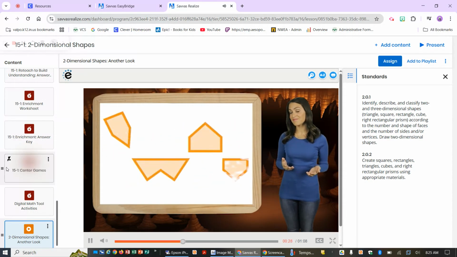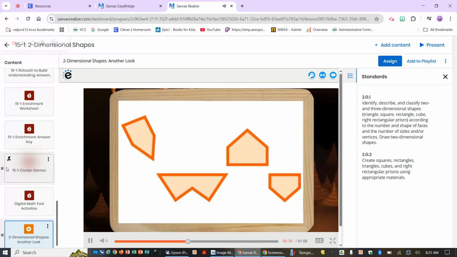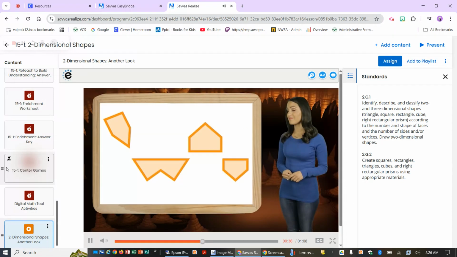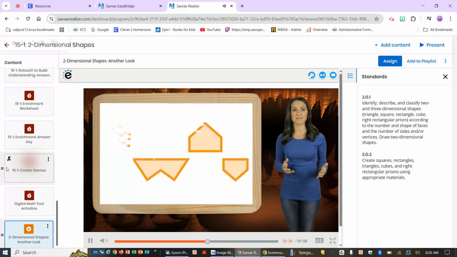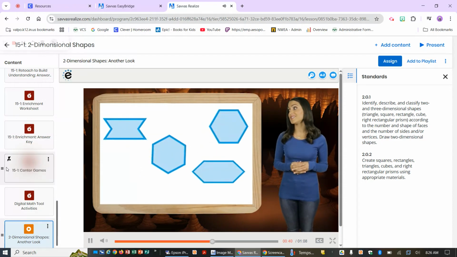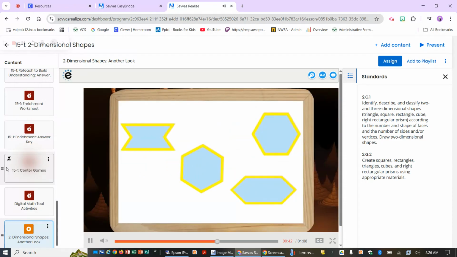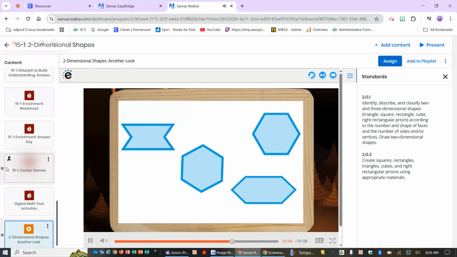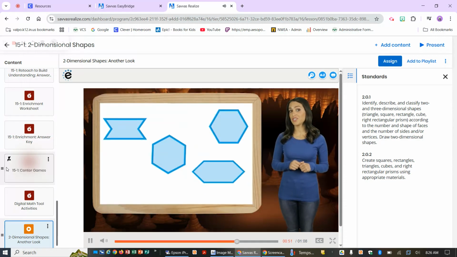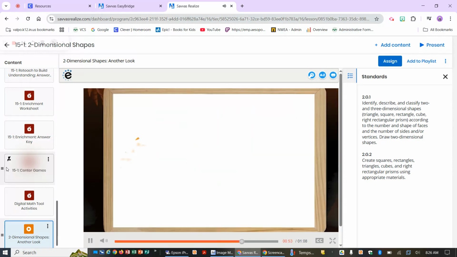And these, they have 5 sides and 5 vertices. They are called pentagons. And these cool guys here, they have 6 sides and 6 vertices. We have a name for them too, hexagons.